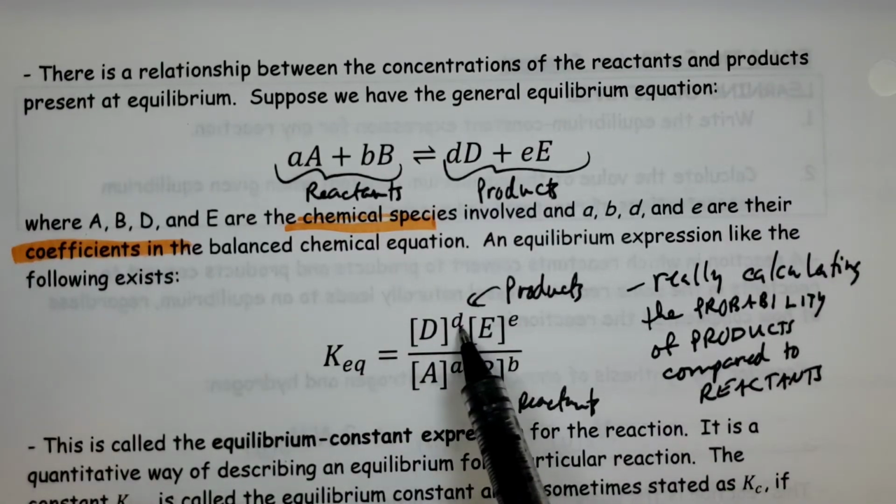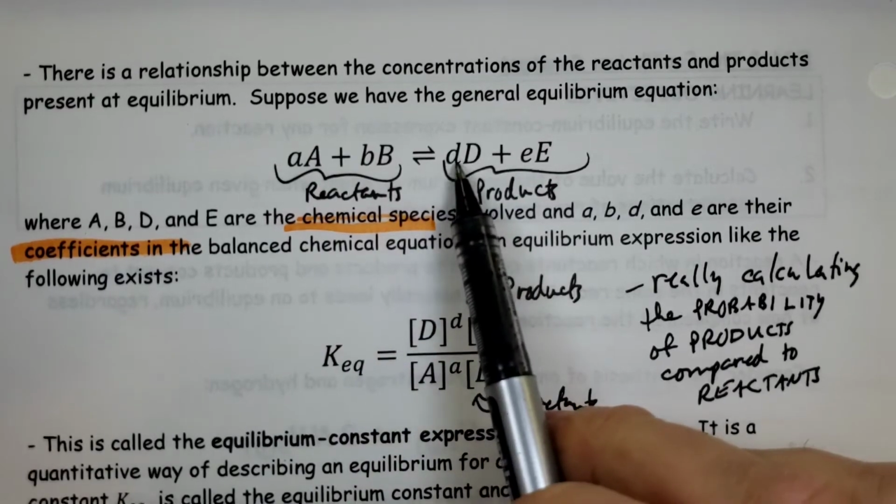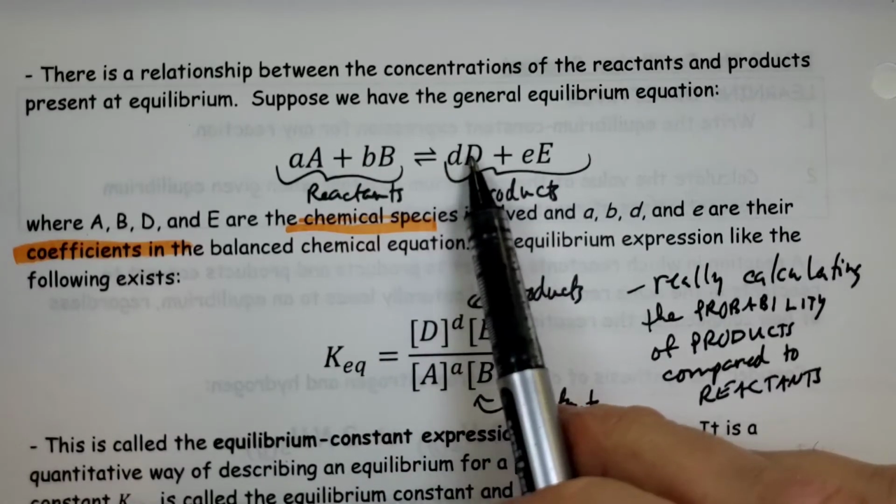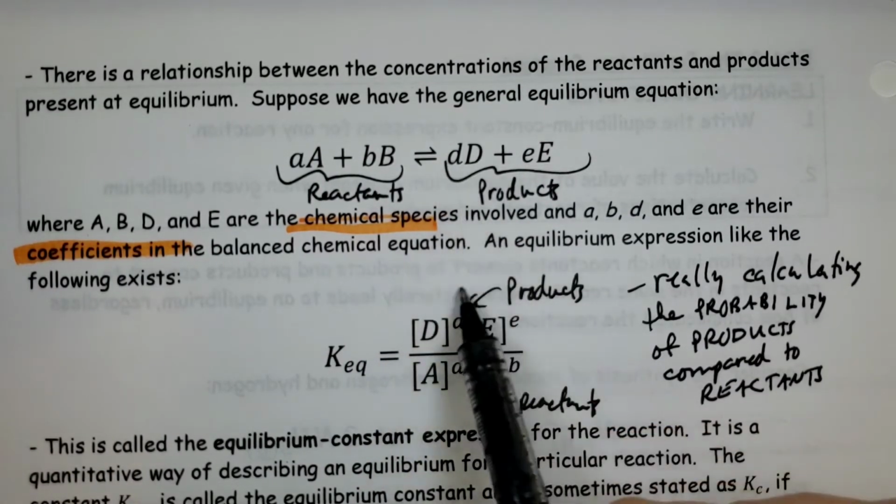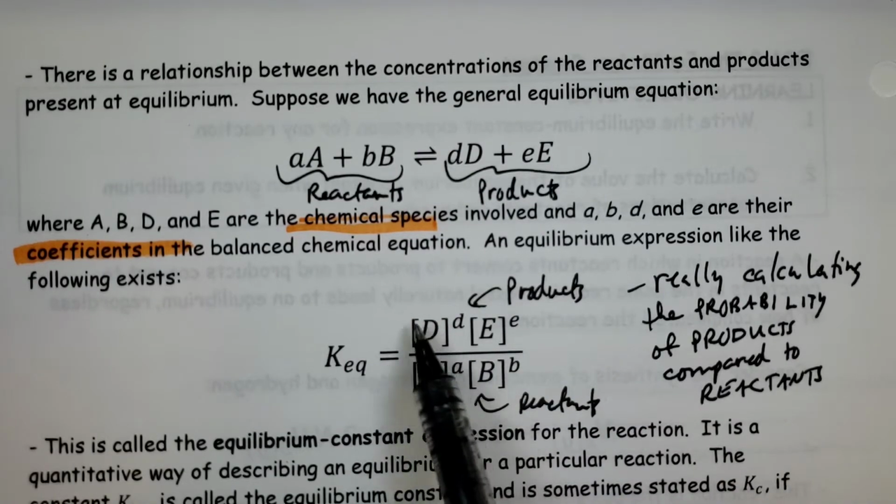And the coefficients here become exponents. So if this d was a 3, I'd have d to the 3, or d times d times d, the probability of d times d times d. If you recall in math class, that's how probabilities are calculated.